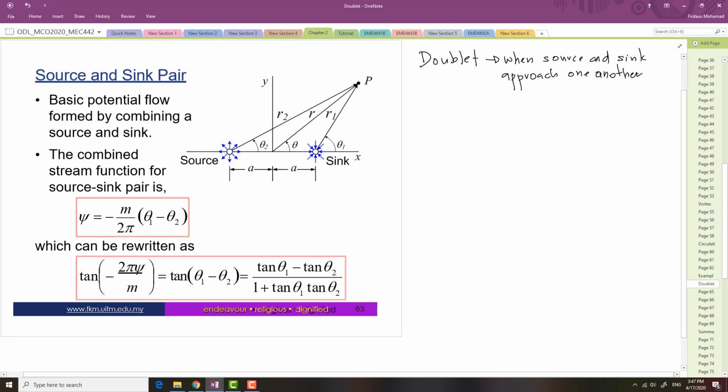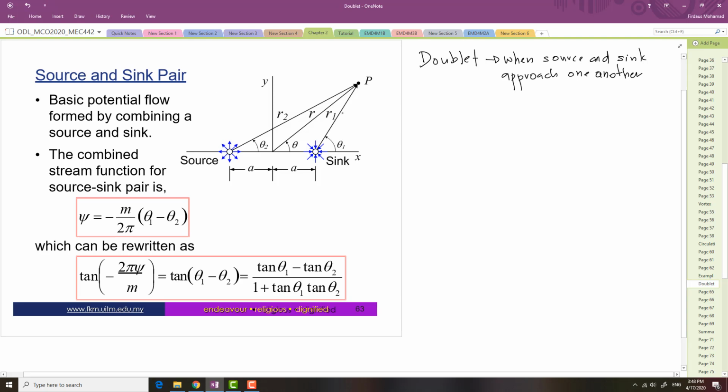Since it is still related to the source and sink, the equations for psi and the velocity potential are similar to those of the source and sink.